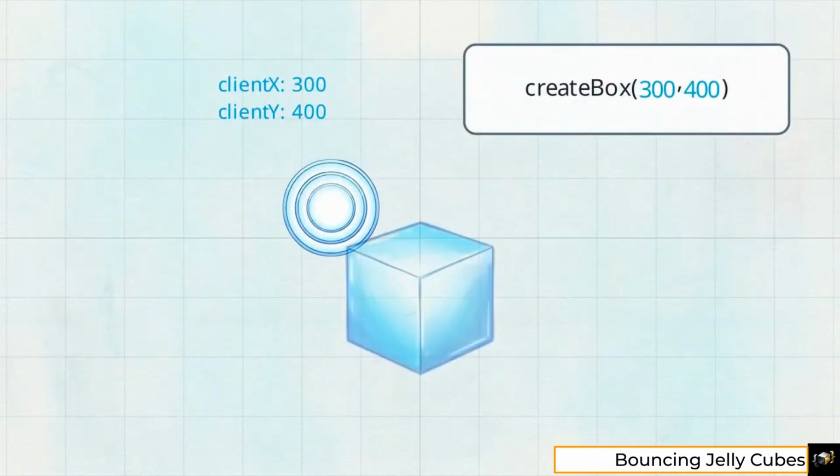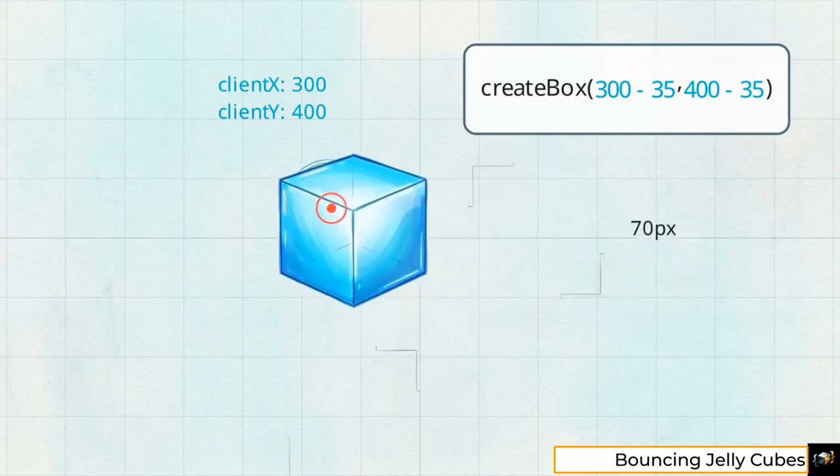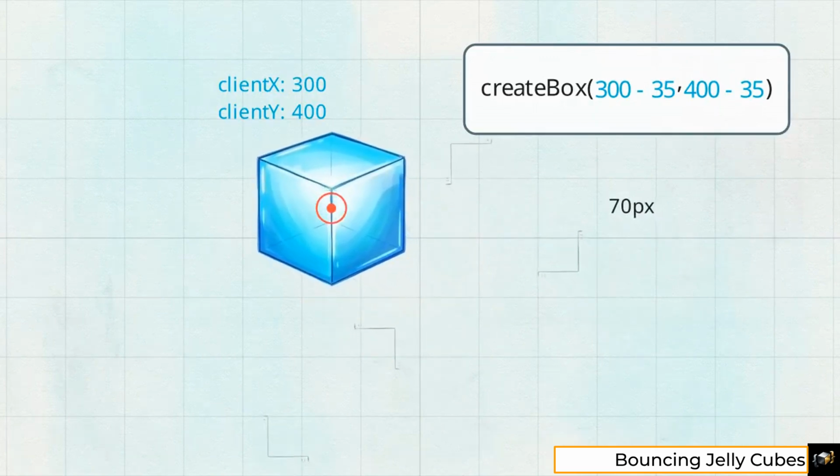If we apply those raw numbers directly, the browser anchors the top left corner of the box exactly where the mouse clicked, leaving the object hanging awkwardly down and to the right. We apply another offset. Subtracting exactly 35 pixels from both the X and Y coordinates shifts the entire 70-pixel box up and left, centering it perfectly beneath the user's cursor.